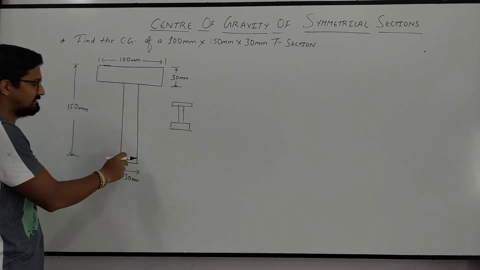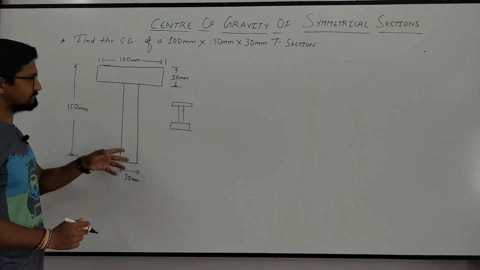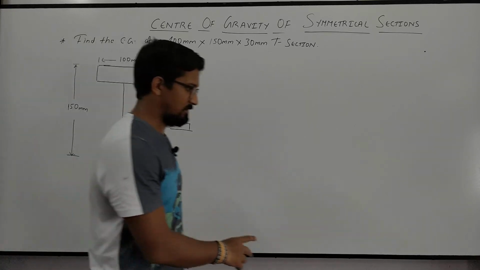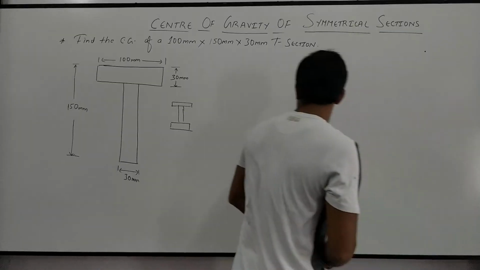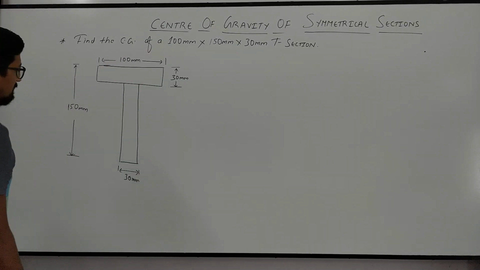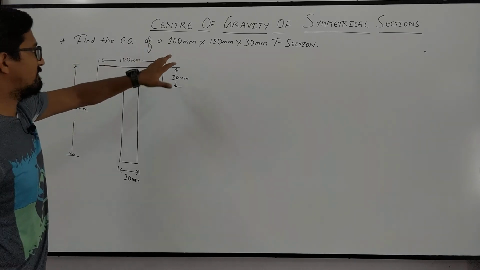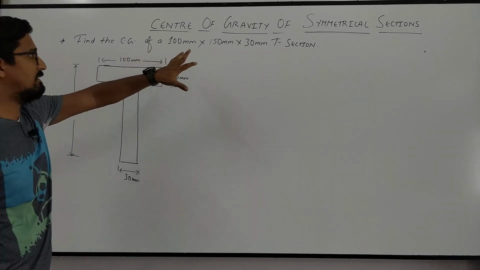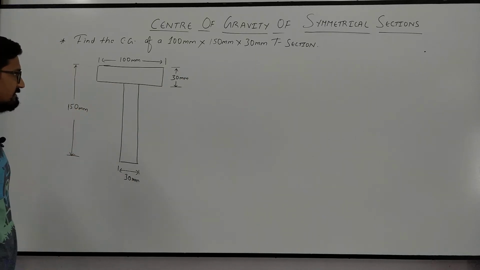Since it is a T section, the bottom flange is not applicable here, correct? Now you can see that this is the diagram which is given to us, a 100 mm into 150 mm into 30 mm T section.